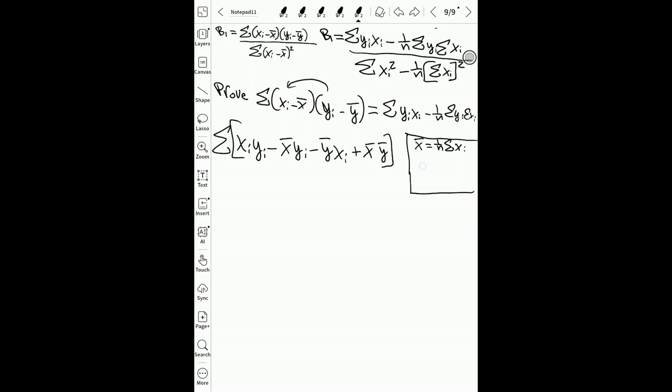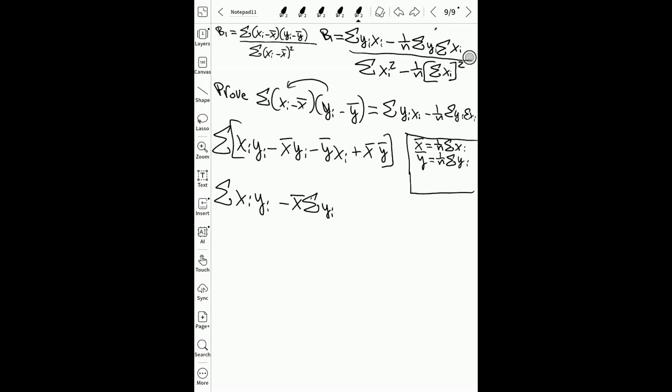And similarly, y bar is equal to 1 over n sum of yi. And I'm going to use these as we continue to make this proof. So let's go ahead and distribute the sum before I start to do any substitutions here.